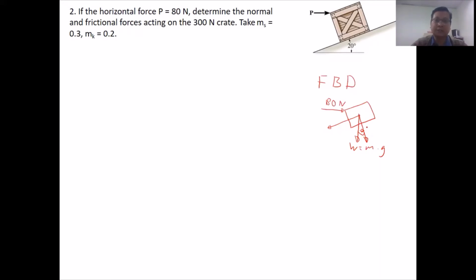So you can rewrite here as N, and FC equal to W sine, cos theta, and in the direction of X we can say another name, equal to W sine theta.